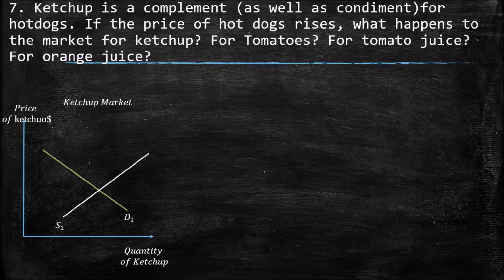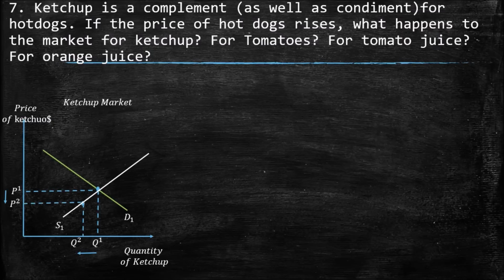It means that the quantity demanded of ketchup is going to be less, because you consume ketchup with hot dogs, so you're not going to consume as much ketchup given the rise in the price of hot dogs.